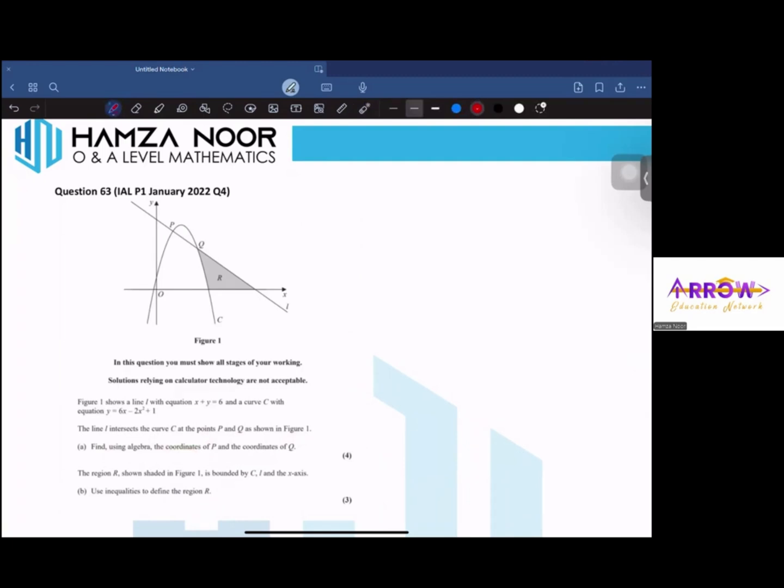As simple as that, we just need to equate the equation of the line with the equation of the curve. So if I rearrange the equation of the line, this is y is equal to minus x plus 6, and I'm going to equate it with the equation of the curve. So 6x minus 2x squared plus 1 is equal to minus x plus 6.